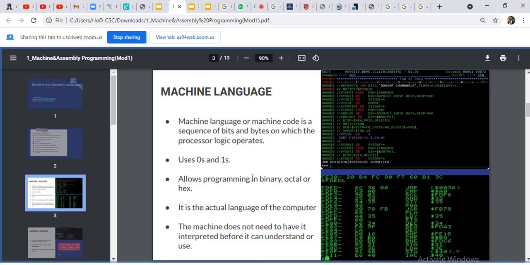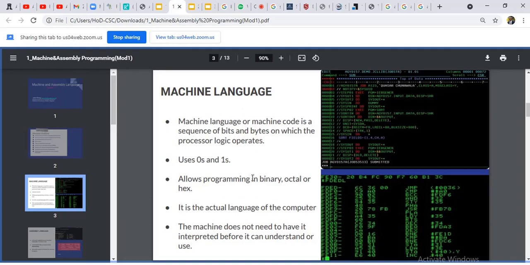The machine language is actually the actual language of the computer. It is the de facto language of the computer. That is what the processor itself uses as its own default or natural language. Because of that, it does not require any kind of interpretation or translation for the system to understand. It's just like if your native language is Yoruba, when one is speaking Yoruba to you, you wouldn't need any interpreter, any translator.